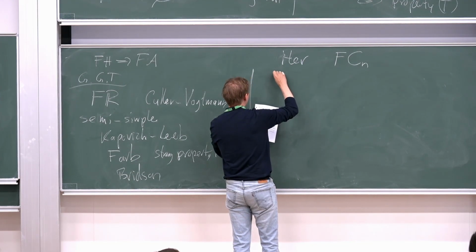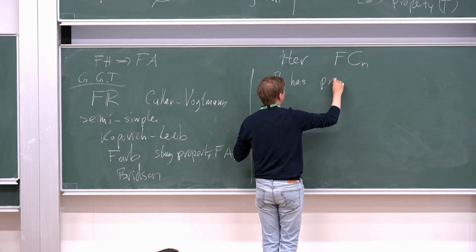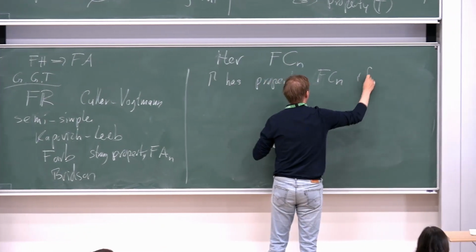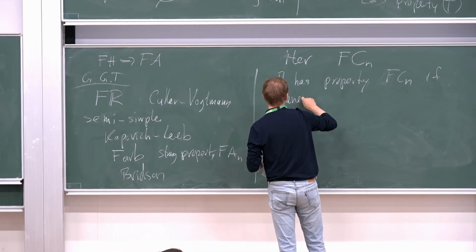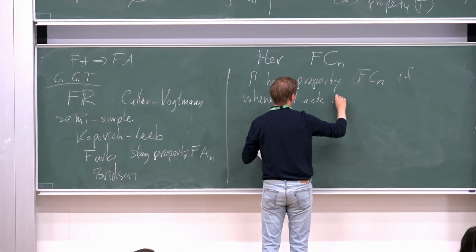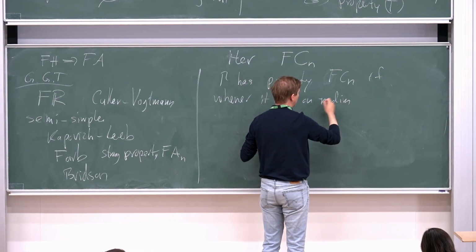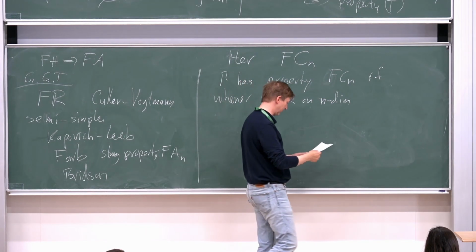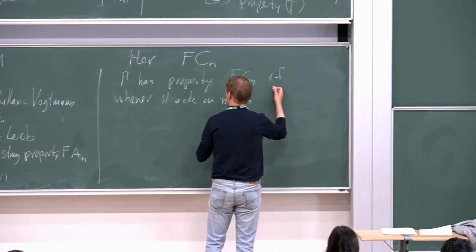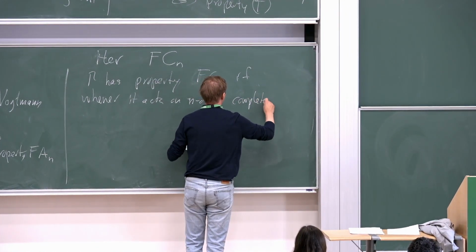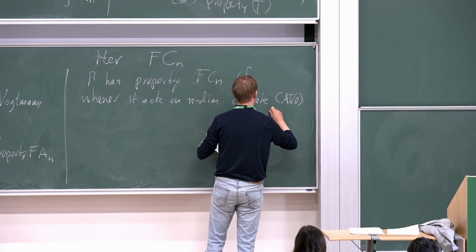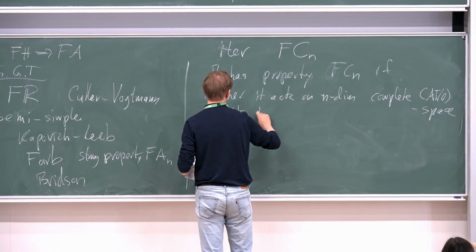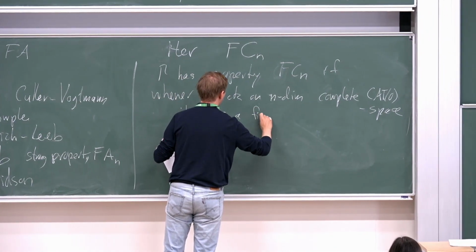I'll write it one more time: property FC_n, if whenever it acts on an n-dimensional, in some geometric dimension, there are several notions of dimension, there's an old paper by Bruce Kleiner that sorts out the various definitions, n-dimensional complete CAT(0) space, it has a fixed point, or global fixed point.